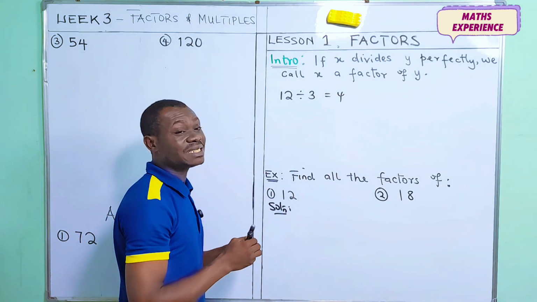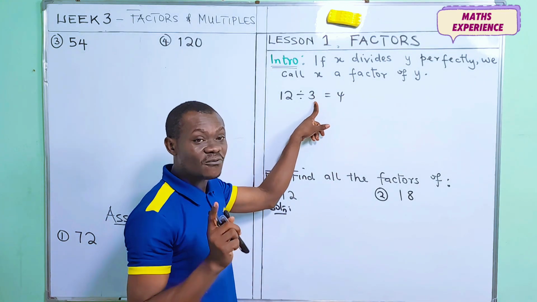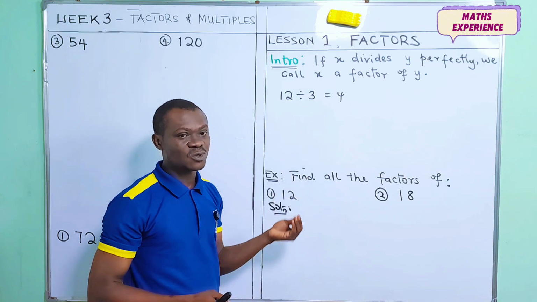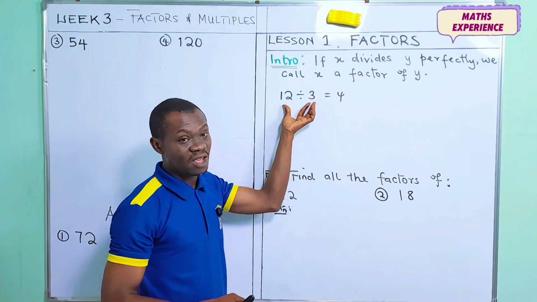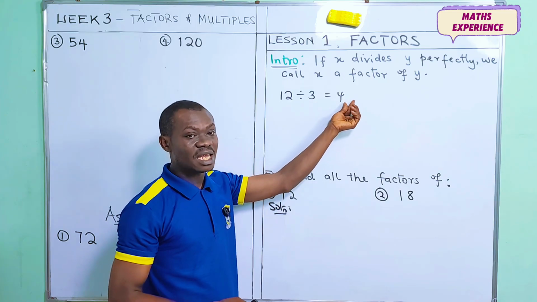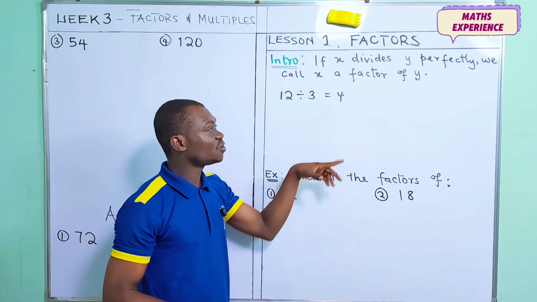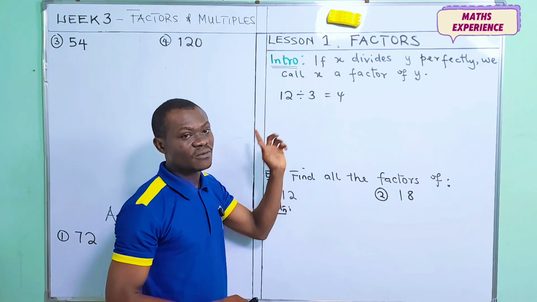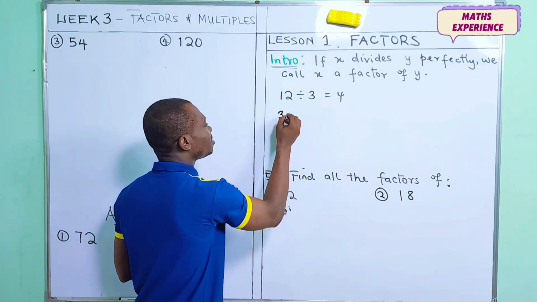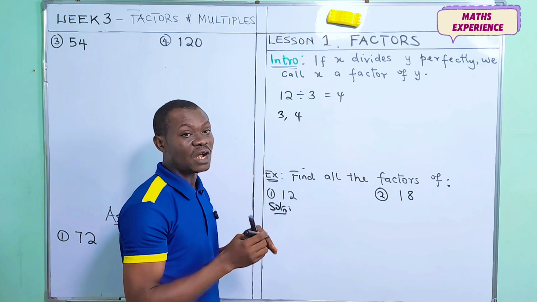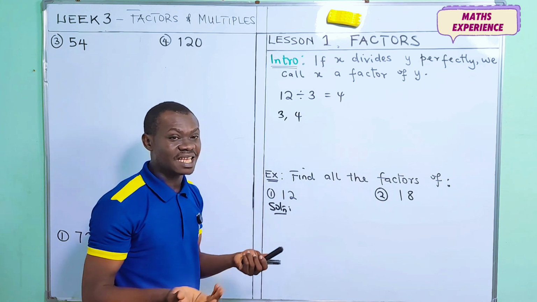So we can say that 3 is therefore a factor of 12. Now, notice that whenever you divide by a factor, the answer you get is also a factor. So that means 4 is also a factor of 12. But the question now is, are 3 and 4 the only factors of 12? And the answer is no.